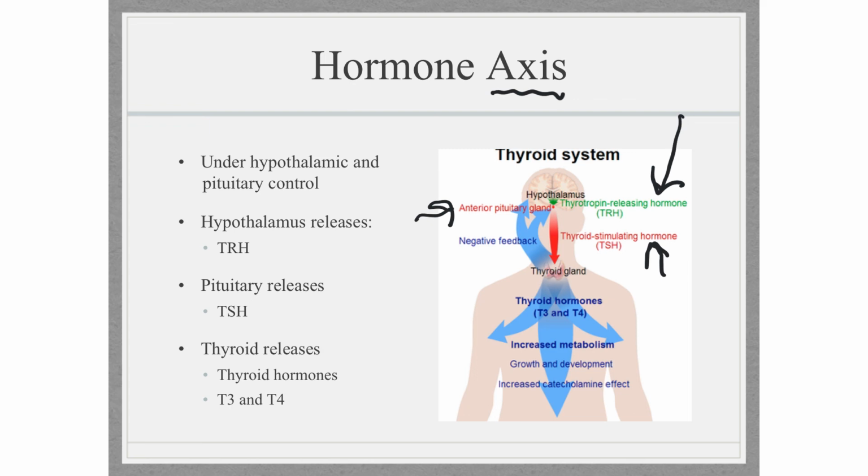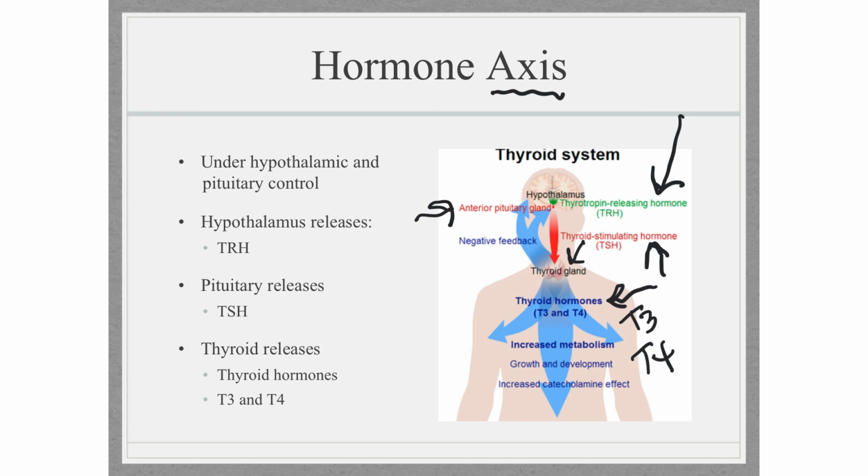Thyroid stimulating hormone is named for exactly what it does. Thyroid stimulating hormone binds to receptors in the thyroid gland, and in response to that, the thyroid is stimulated to make thyroid hormone, T3 and T4, which will then have metabolic effects in the body.